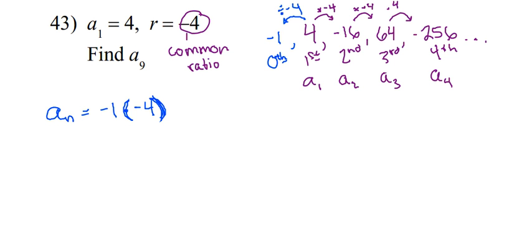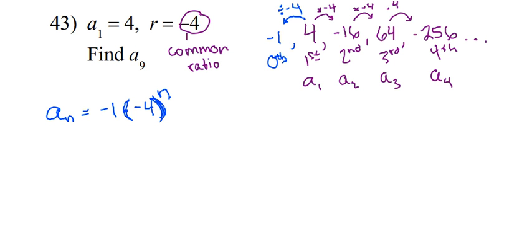It's the first term, that's n. How many times do we have to multiply by -4 to get to the second term? 1, 2. So the exponent here is n. It's whatever term we're looking for. That's how many common ratios we have to use to get there from -1.